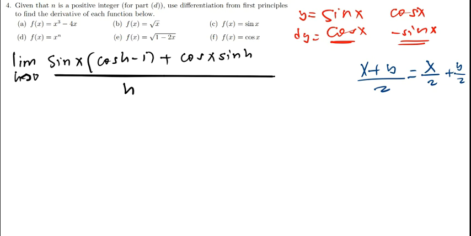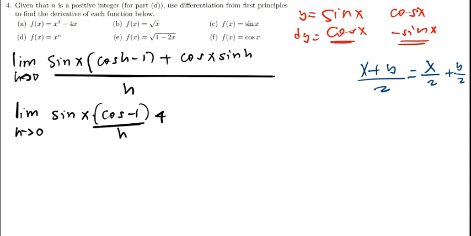Meaning I'm going to have limit as h goes to 0 of sine x, times, and if I want I can put them in brackets to make things simple, cos h minus 1, then I divide it by h. I'll do it like that. Then plus, again I'm going to put limit, because I've distributed limit now, because limit applies to both sides.